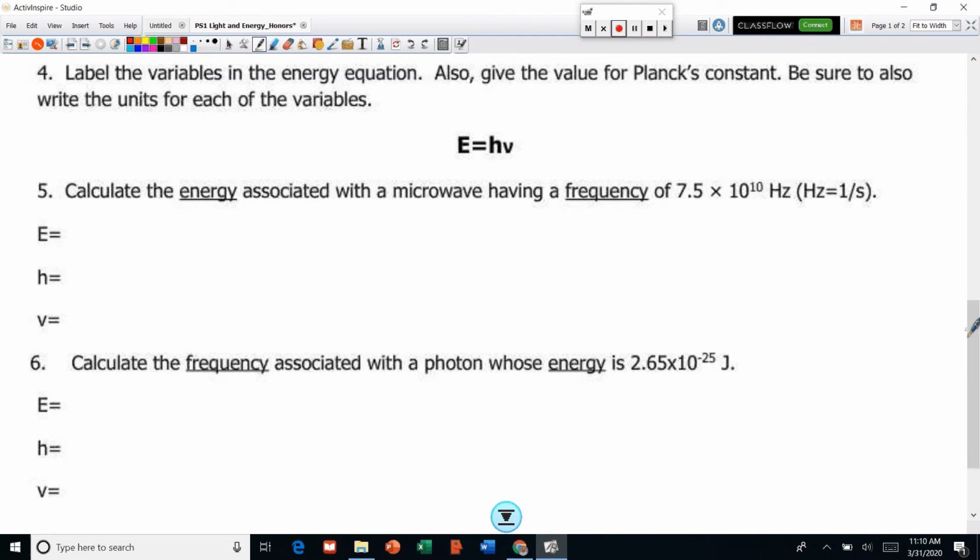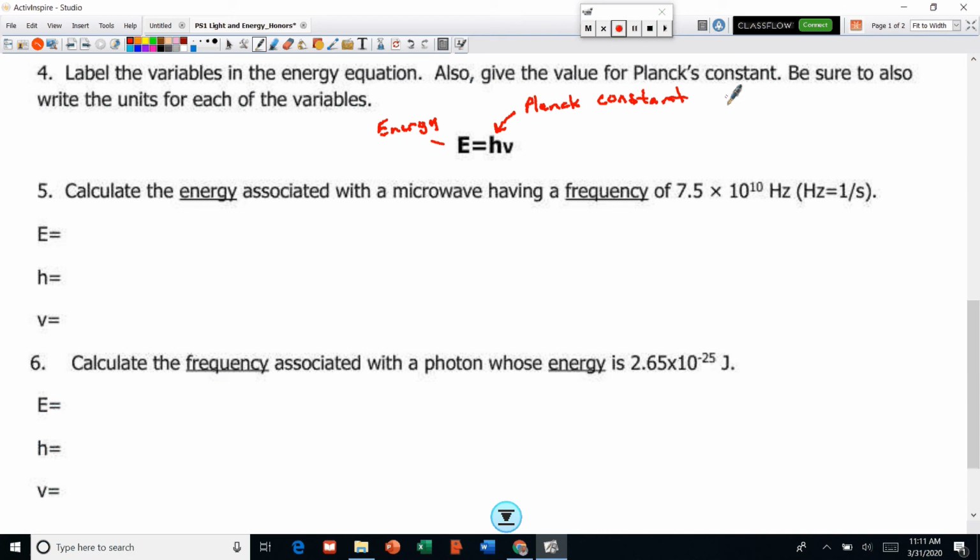If you do it correctly, the unit should cancel properly and you end up with the right units for the answer. All right, so the other type of problem that you have with this is calculating energy. So energy, E, is equivalent to Planck's constant, and since it's a constant, it's always going to have the same value.